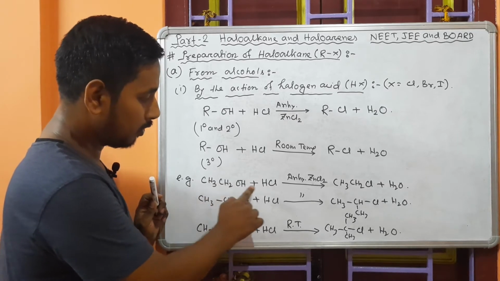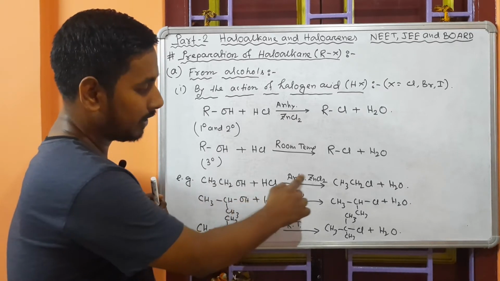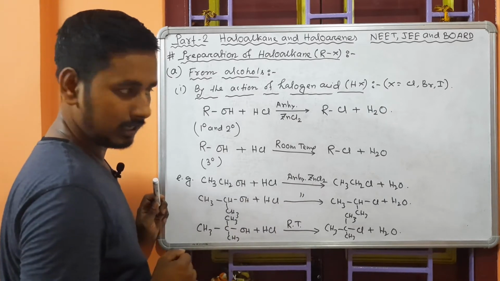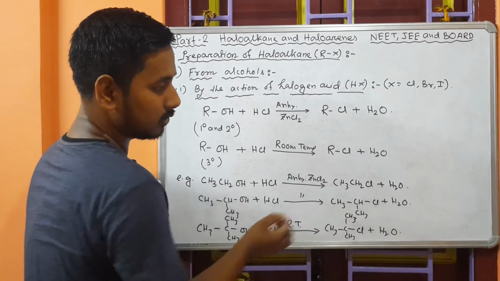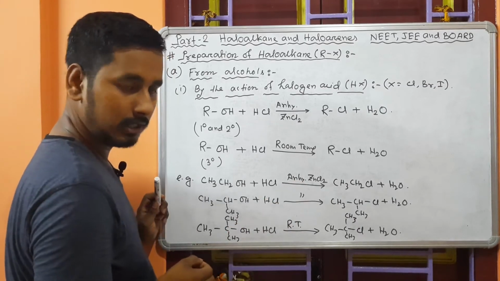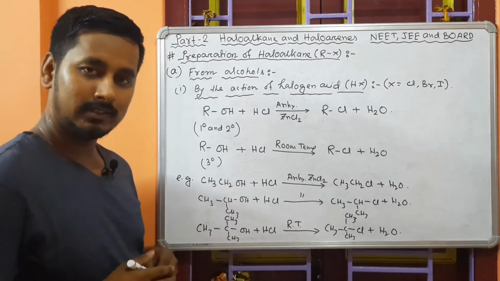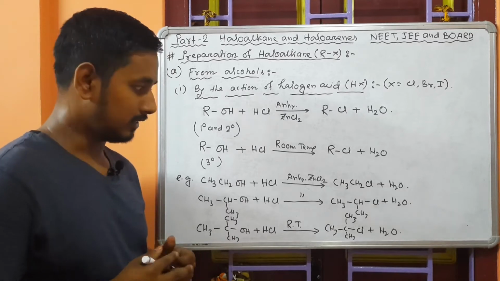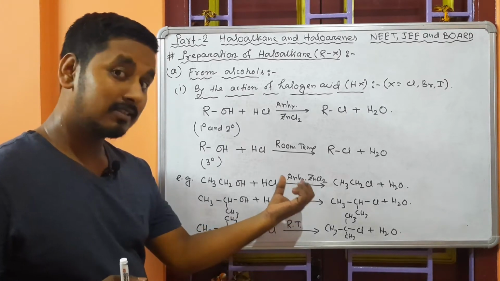And this primary alcohol, when it reacts with HCl in presence of anhydrous ZnCl2, we get CH3CH2Cl. So why is it required to use anhydrous ZnCl2? Here this anhydrous ZnCl2 is actually a Lewis acid, and it acts as a catalyst here.